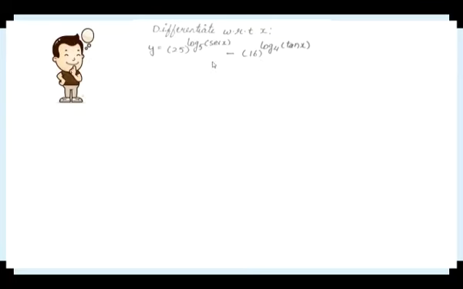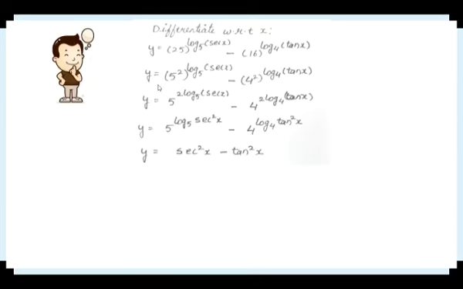So first of all we have to apply one of the rules of logarithm over here. Okay, so let's see. y equal to, I have written 25 as 5 square, so 5 square log of sec x to the base 5, and 16 I can write as 4 square, so 4 square log of tan x to the base 4.